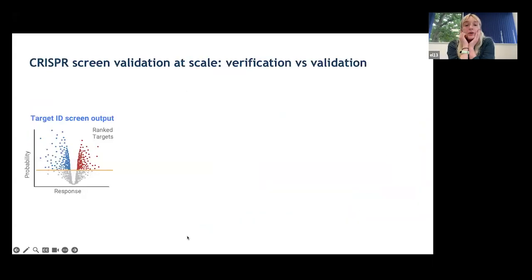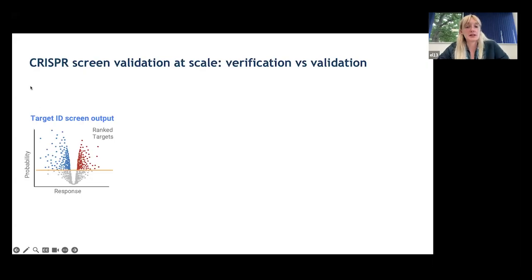So I'm now going to move on to talk about how to design a validation screen once you've performed an initial target ID screen. Typically, if you've performed a whole genome target ID screen, you'll get an output that looks something like this, where you've got response on the x-axis, that can be log-fold change in guide abundance, and a p-value associated with that response.